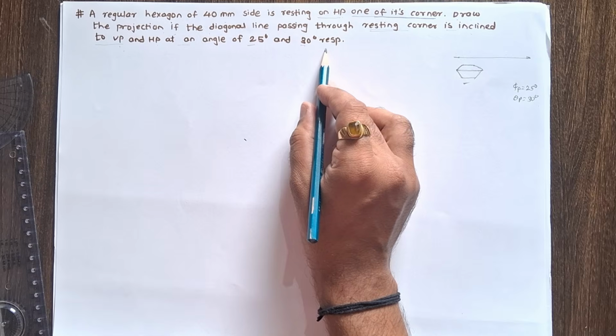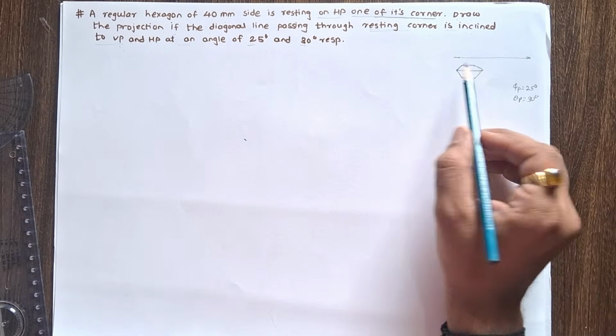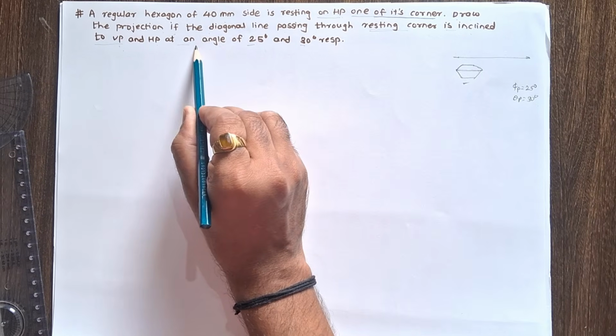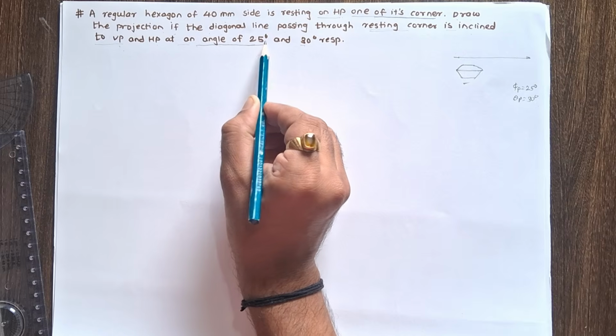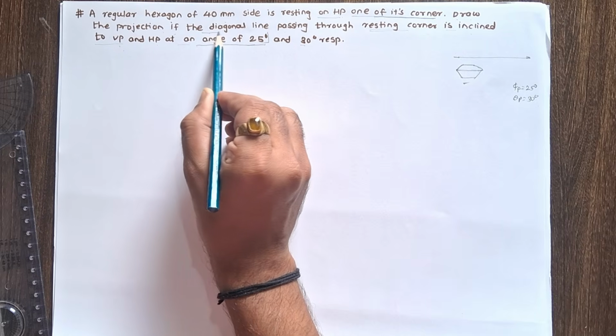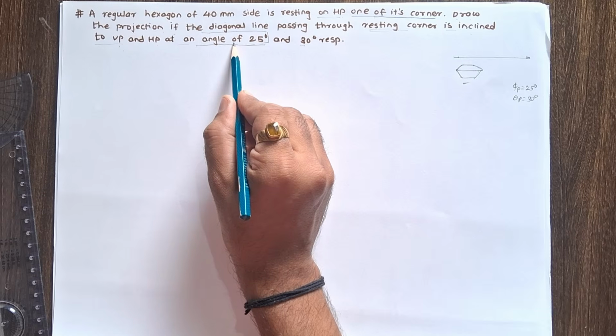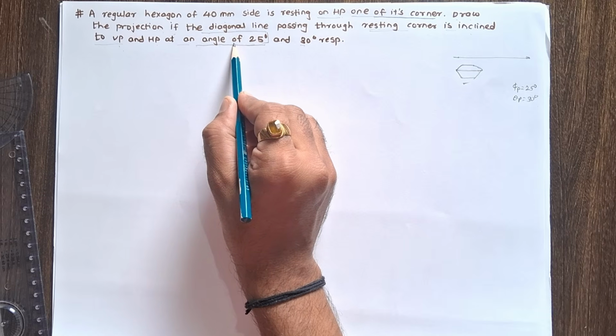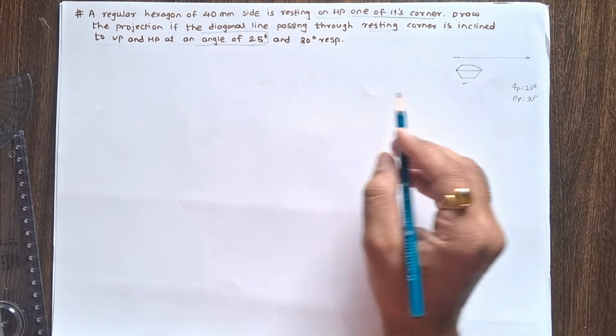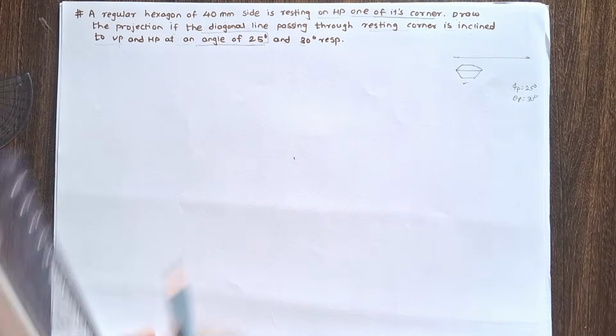So draw the projection. Now here let us complete stage 1 and stage 2, and after that we can check whether it is phi plane angle or beta plane angle. Now see the solution.